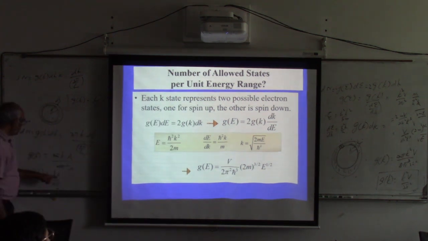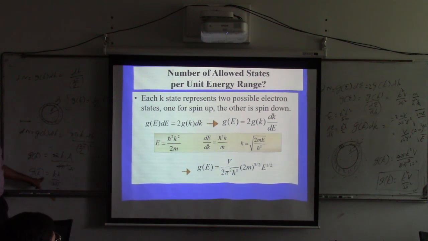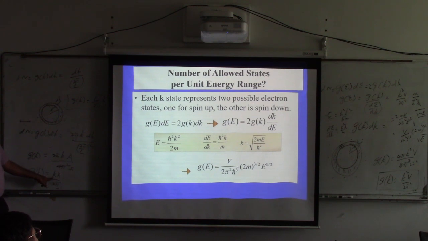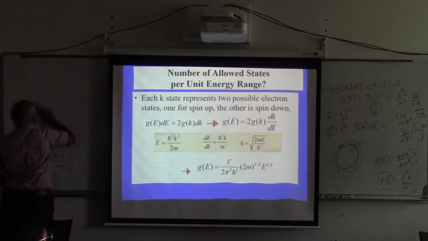So actually if you do this one, you will find your G is independent of E because k and k cancel. So in 2 dimensions, has anybody noticed that? I will give some homework problem to work on that.